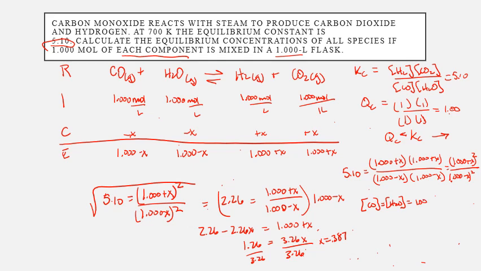I can take 1.000 minus that value for x, so their concentrations will end up being 0.613 molar, and the concentration of H2 will equal the concentration of CO2, and that would be 1.000 plus x. So I would have 1.387 molar for their concentrations.